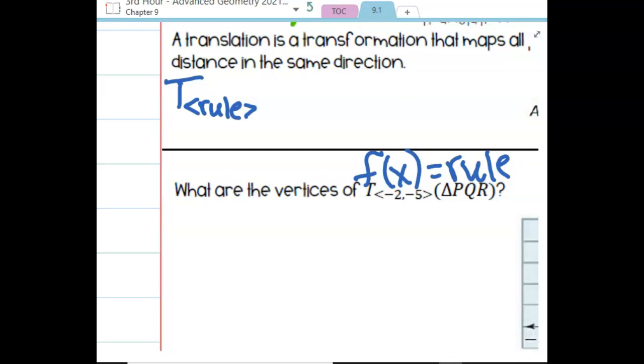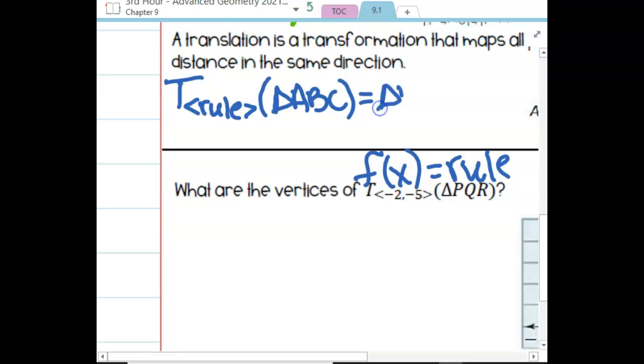It's going to be the transformation of triangle ABC mapping to triangle A prime, B prime, C prime.